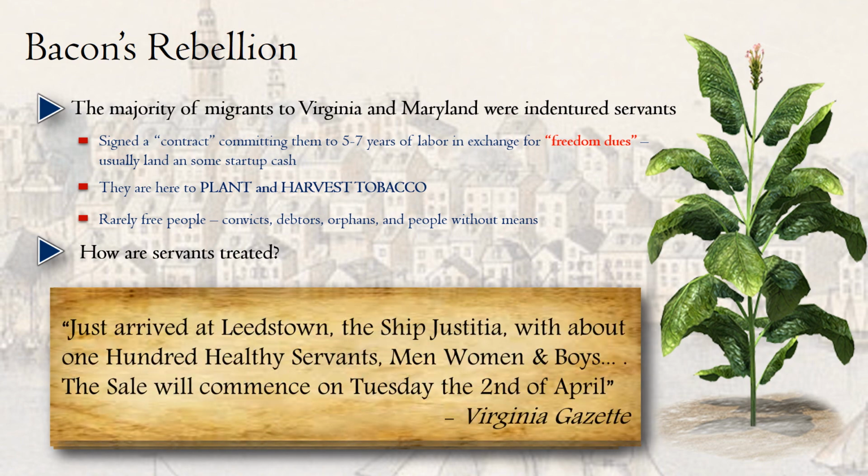Look at this one. "Just arrived at Leedstown, the ship Justicia, with about 100 healthy servants, men, women, and boys. The sale will commence on Tuesday, the 2nd of April," says the Virginia Gazette. Once again, we notice that this is a sale of people, men, women, and boys.